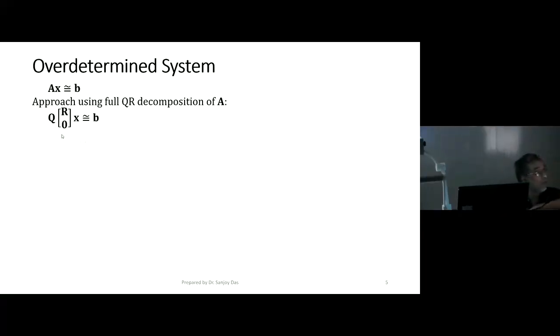Remember, in full QR decomposition this Q is a unitary matrix. Q R0 x is approximately equal to b. I pre-multiply both sides with Q transpose, so I get Q transpose Q times R0 x equals Q transpose b.